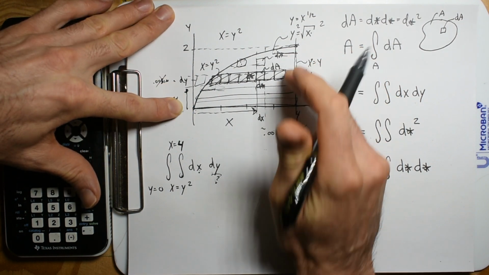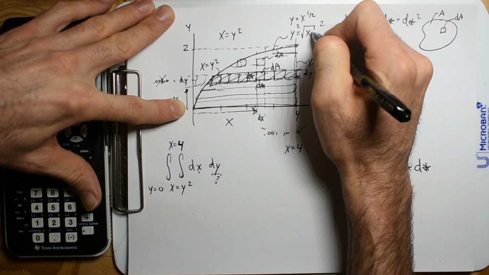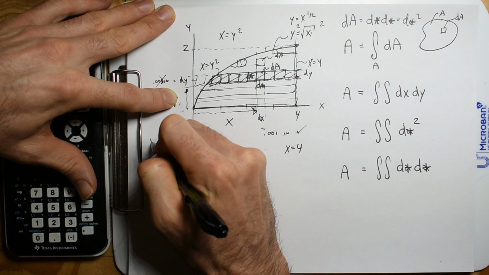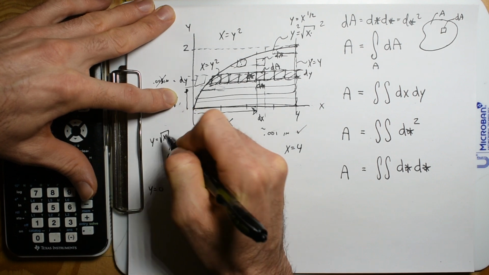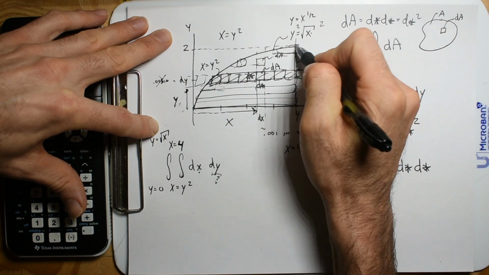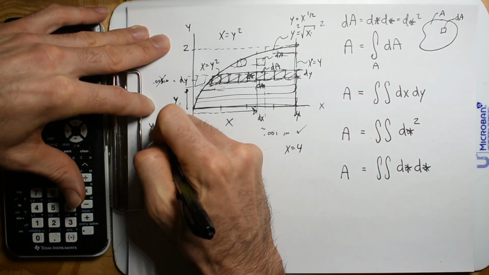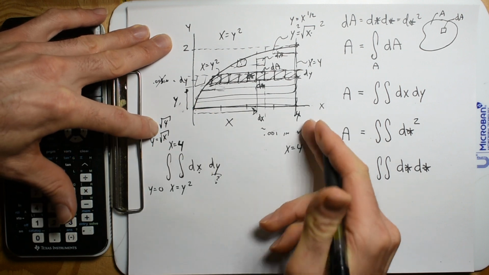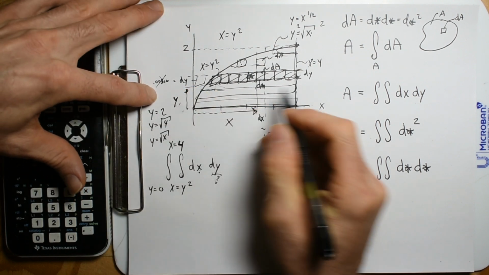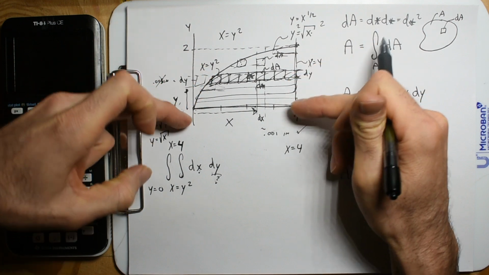That's going to be y is equal to, I'm sorry, the square root of x. And we have a value for x that we would put in there, so y is equal to the square root of 4. So that's our upper bound. So we're taking this little slice and going from 0 to 2.